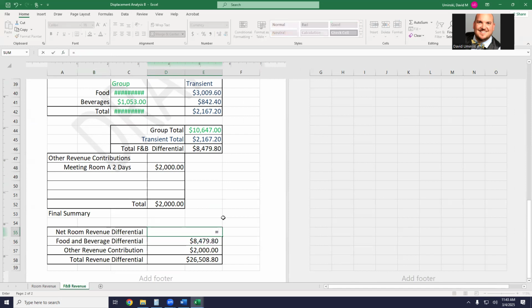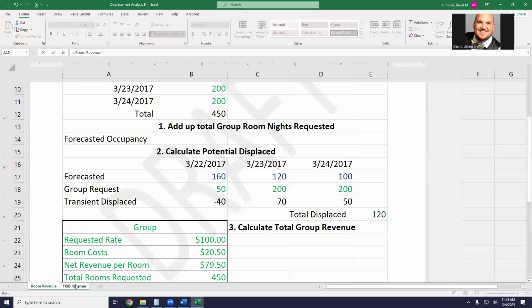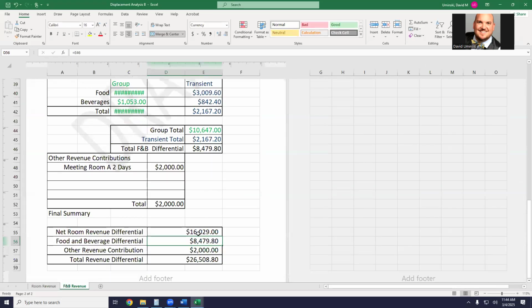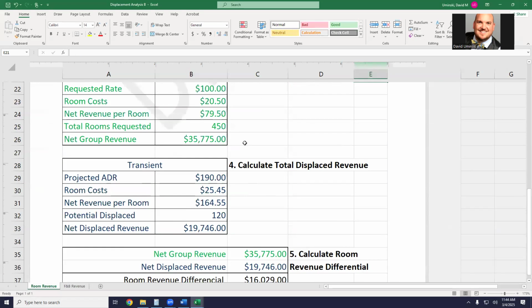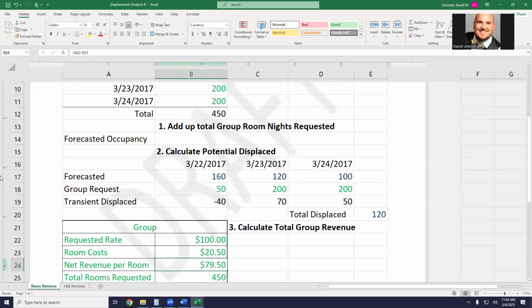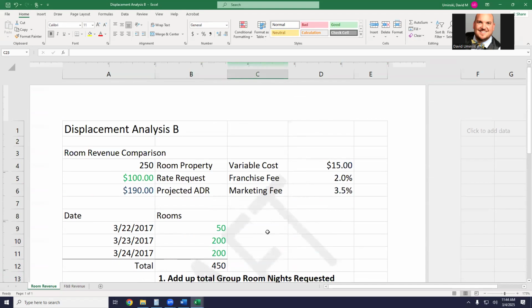I just do equals, go to this tab over here, whatever's in this one, C37. So if that changes, then my total will change as well. That's why I love Excel so much. If you don't know Excel, I highly recommend that you take some basic Excel classes because it will make your life a lot easier keeping track of stuff.